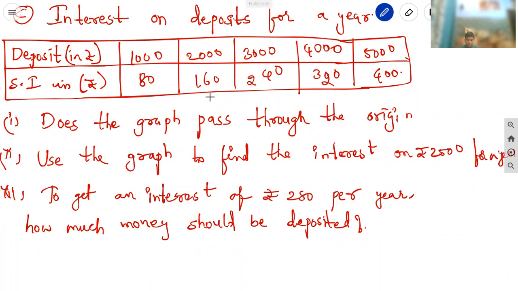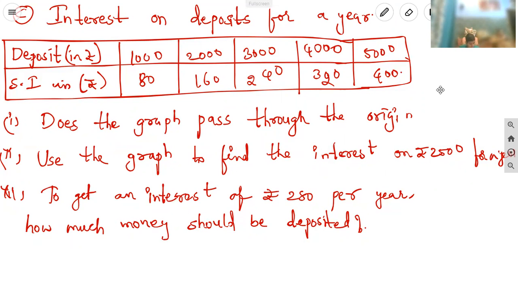It clearly passes through the origin. Just we can draw the graph, then we can justify the answer. Use the graph to find the interest on 2,500 for a year. Third question, to get an interest of 280 per year, how much money should be deposited?